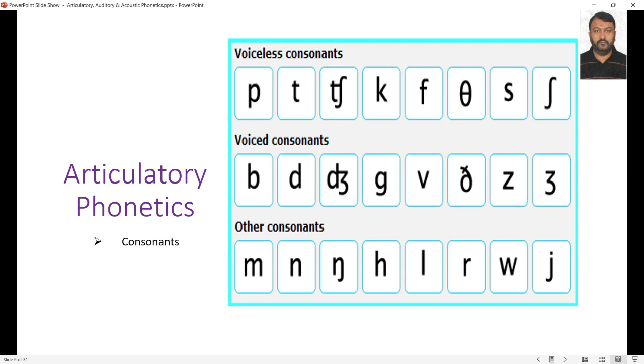The respiratory organs used to create and modify airflow are divided into three regions: the vocal tract, supralaryngeal, the larynx, and the subglottal system. The airstream can be either egressive, out of the vocal tract, or ingressive, into the vocal tract. In pulmonic sounds, the airstream is produced by the lungs in the subglottal system and passes through the larynx and vocal tract.